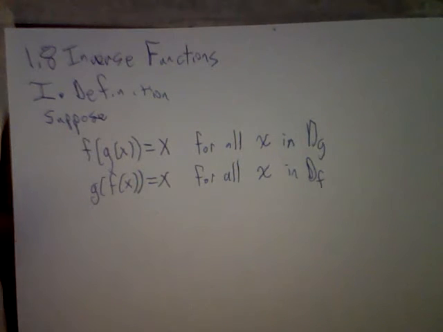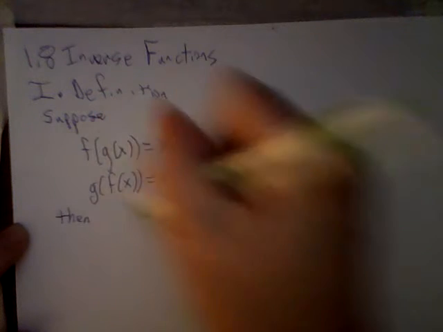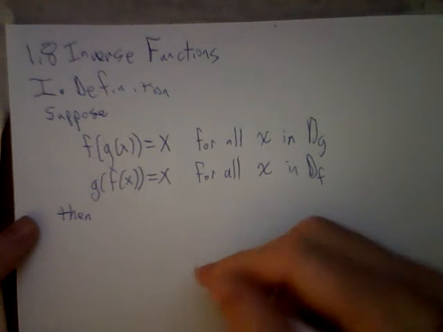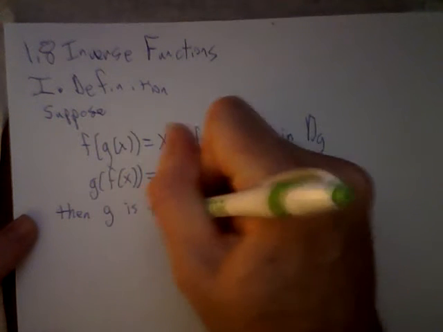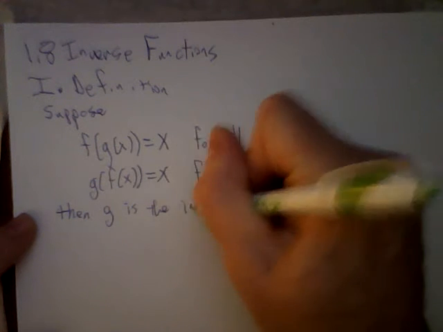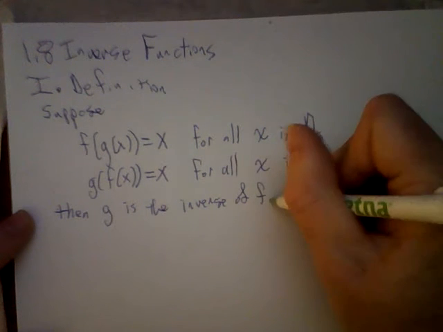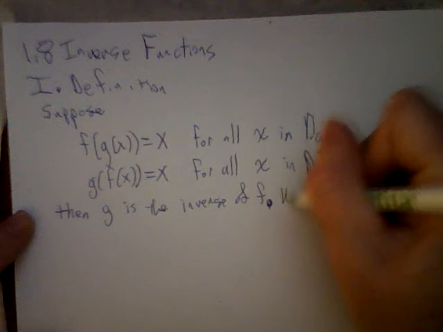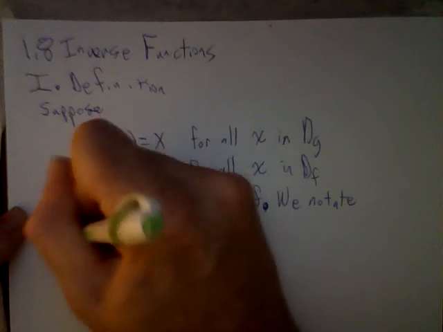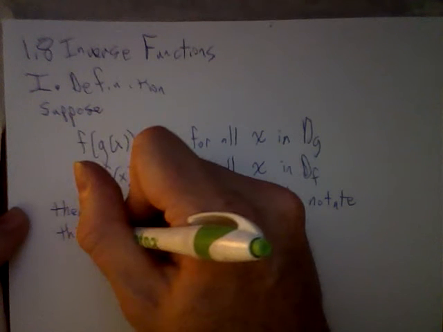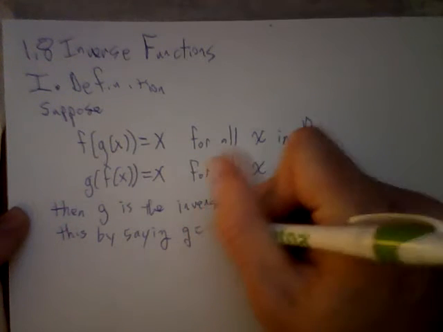Okay. If that happens, then these two functions are inverses of each other. So you'll say thus, or then, g is the inverse of f. We'll notate it by saying g is equal to f inverse.